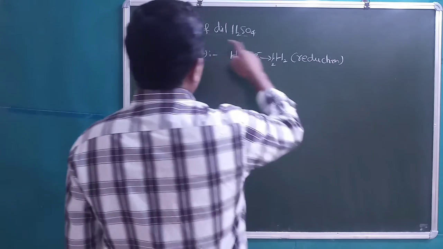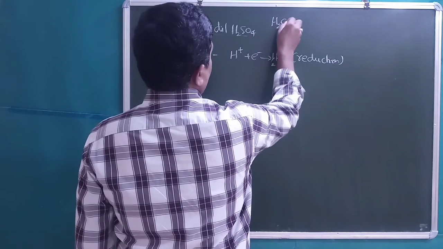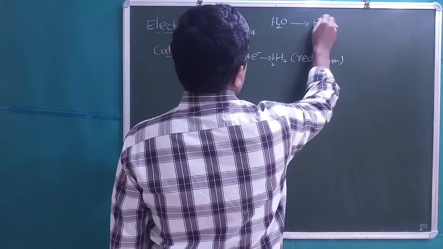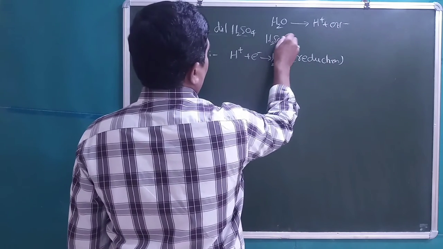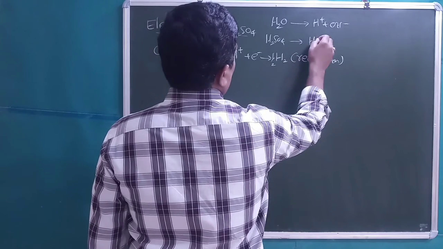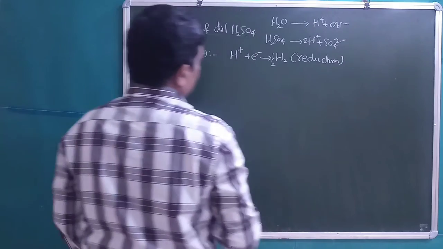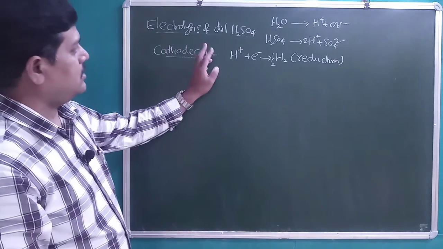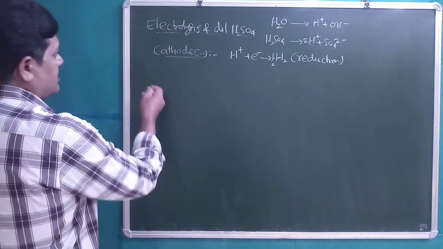Students, when we are taking dilute H2SO4, we will have ionization of water, which gives H plus and OH minus, and H2SO4 gives 2H plus and SO4 2 minus. At the cathode, both the cations are the same, H plus, so there is no problem.